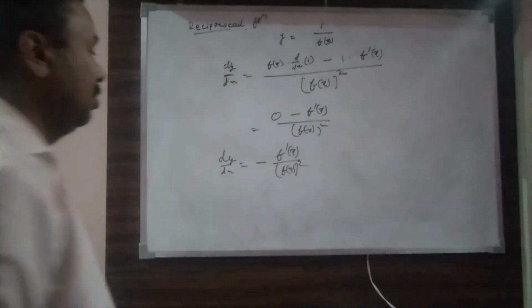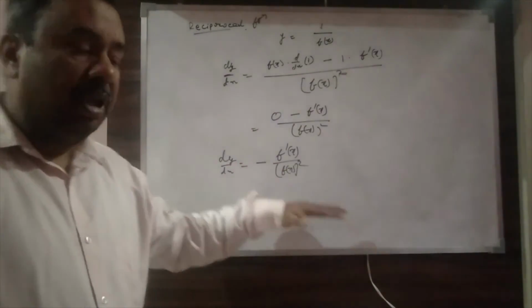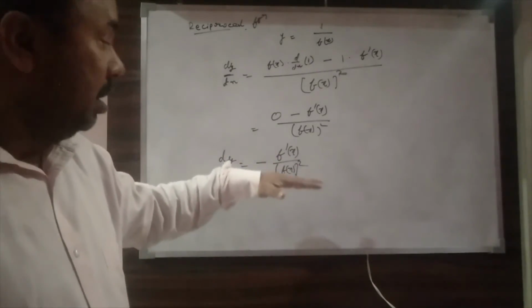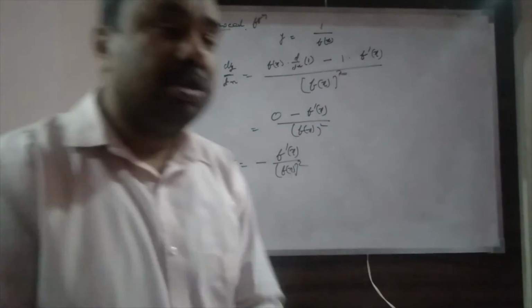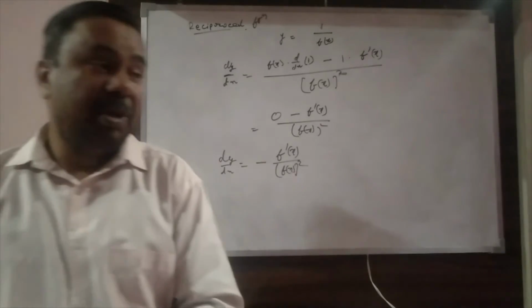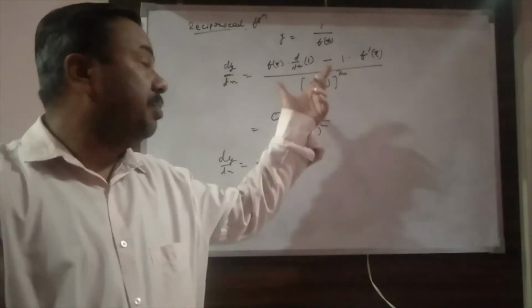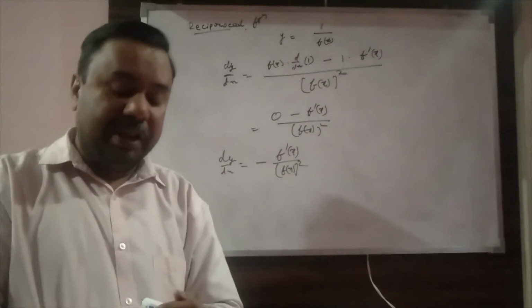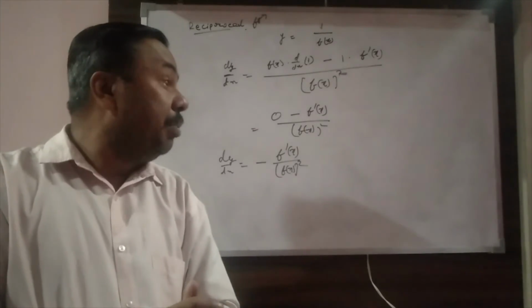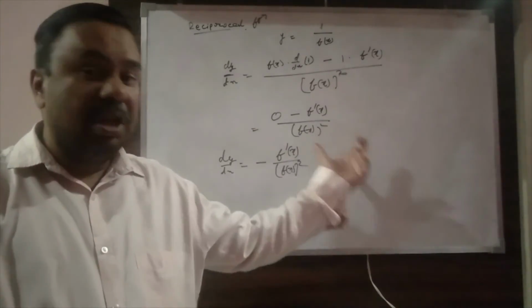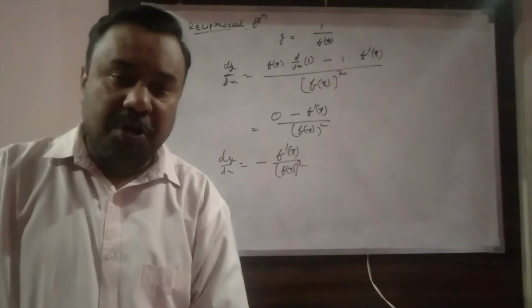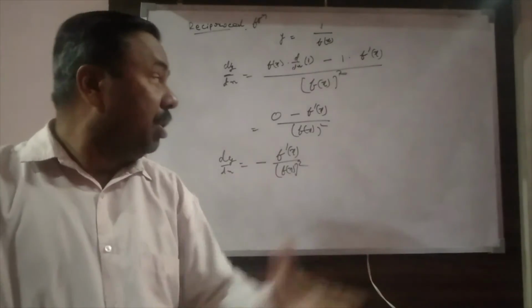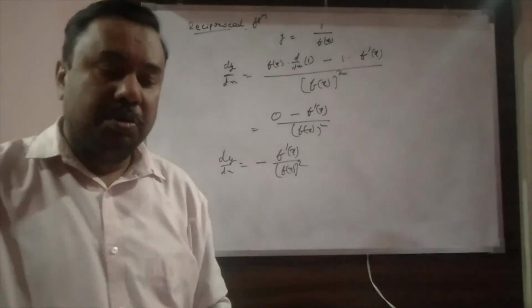Okay, very simple. This is the simplest method for this. You can also do it by the first principle, by taking x plus delta x and delta x and like that. I am not doing this because I am leaving it for your practice. Just try yourself and do it from the first principle also.